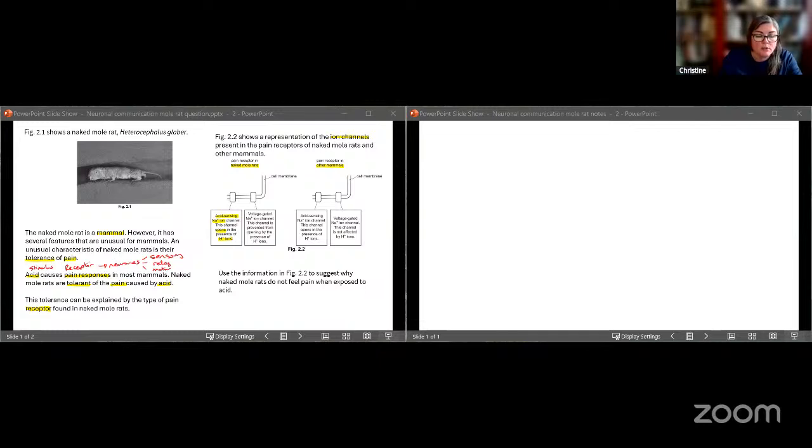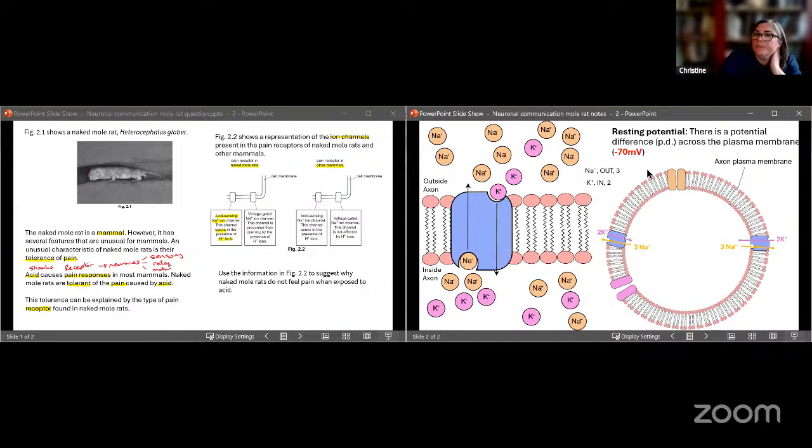If we look at the resting potential of a membrane, I'm going to bring in some notes here. Your resting potential is the potential difference across the plasma membrane.